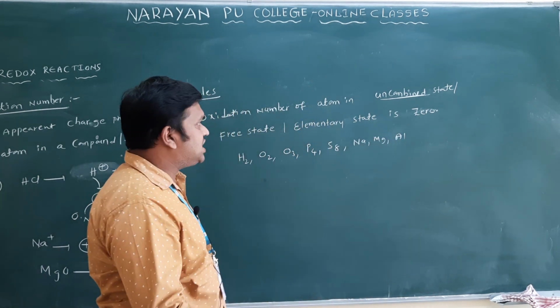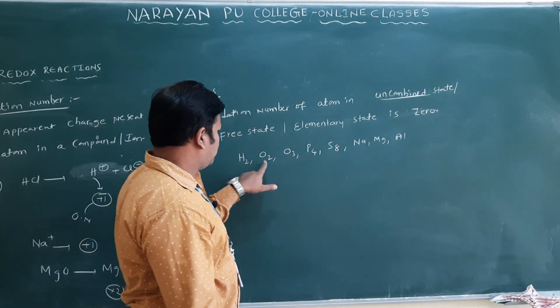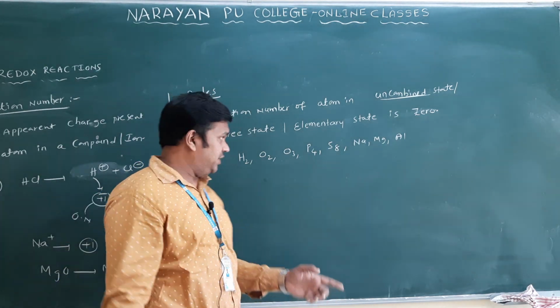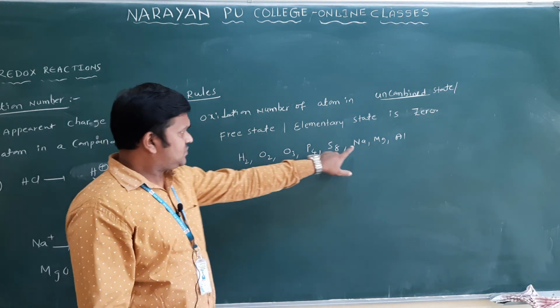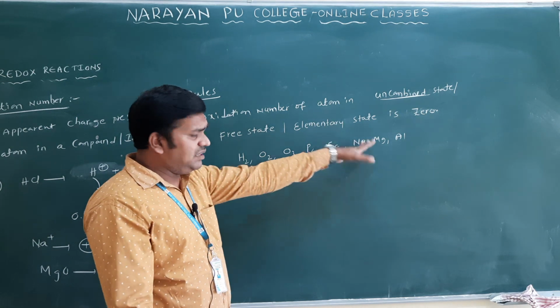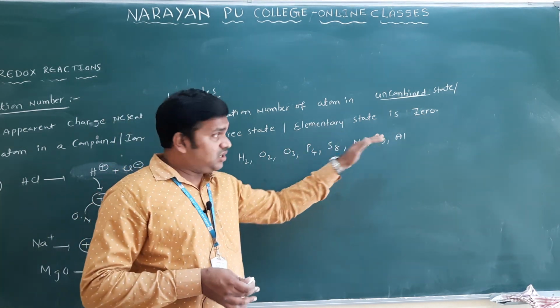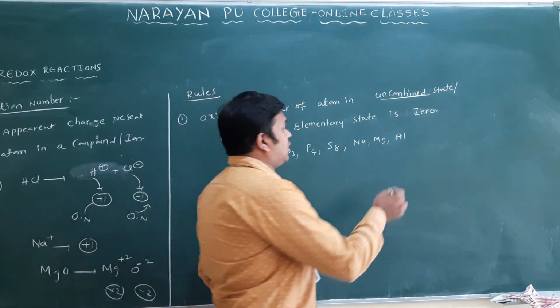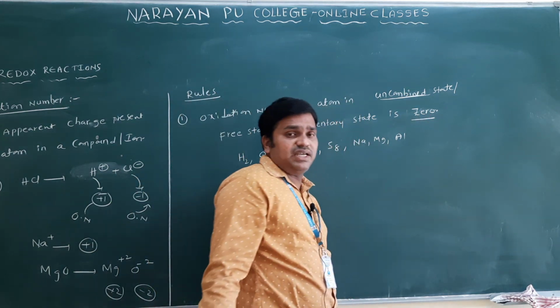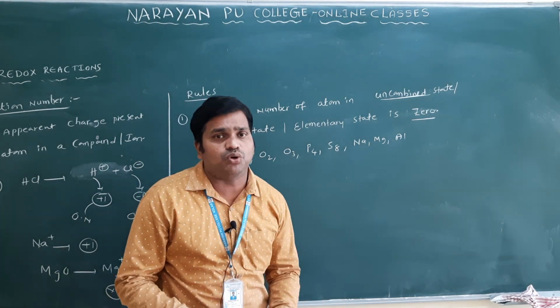These elements are in the uncombined state; H2, O2 and O3 are not combined with any other element. Sodium, magnesium and aluminum are in the free state. The way the element exists in the compound is also called the elementary state. The oxidation number of these elements is 0 only.